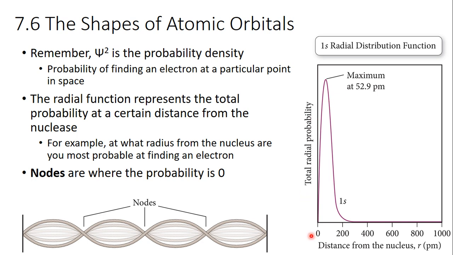A radial distribution function basically says, at a certain distance from the nucleus, what's your probability of finding an electron? And it's radial because you have to think of all 360 degrees. You have to think about this in a giant circle because we're in 3D space when we do this. We're not in 2D space. Anywhere where you have a probability of 0, we call that a node.